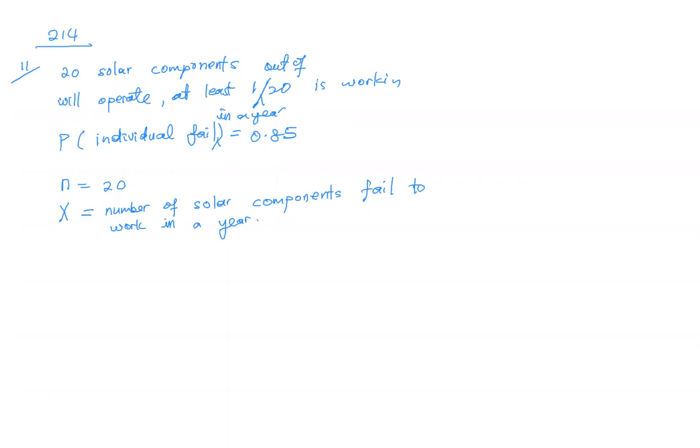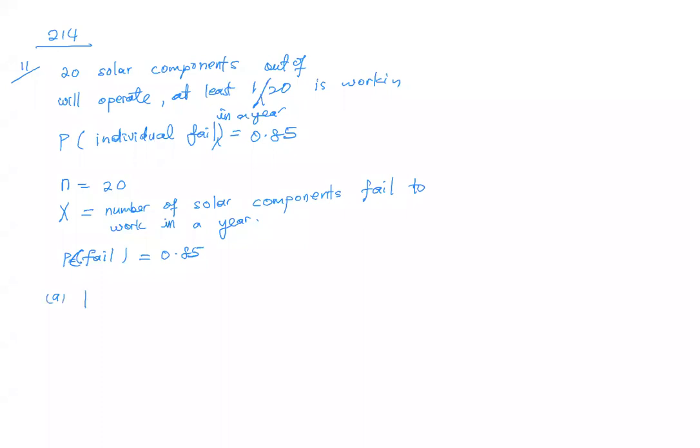Okay, so probability of fail 0.85. Okay, find the probability of the hot water unit will fail within a year.